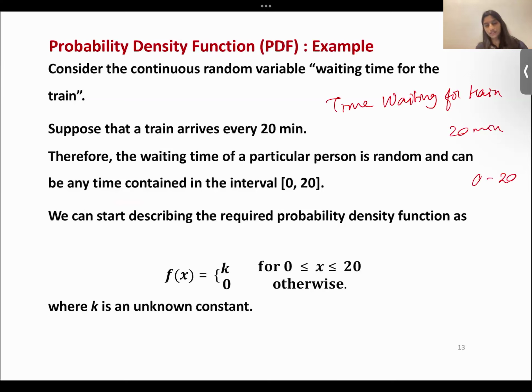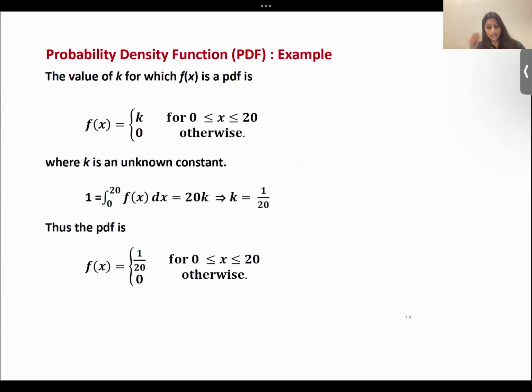Because if you reach a station and the train has already departed, you have to wait for 20 more minutes. But if you reach maybe 10 minutes before your train, you have to wait for 10 minutes. So your interval ranges between 0 to 20. So here they define a function f of x is some value k for this interval 0 to 20 and 0 otherwise. So this k here is a constant.